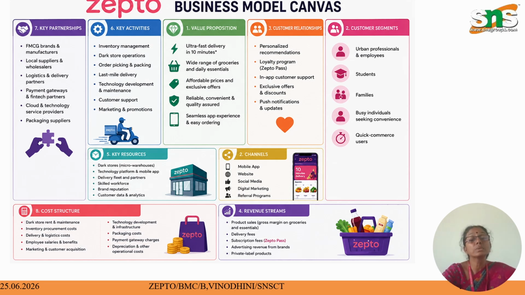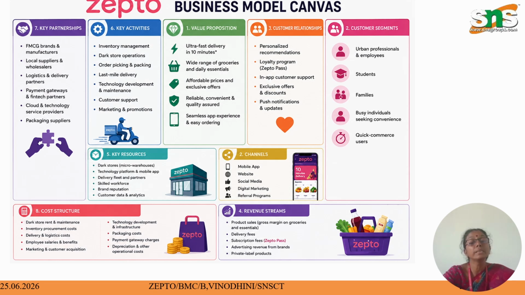The key resources of Zepto are dark stores, technology, delivery partners, and a stable and skilled workforce. These are the key resources because they have to deliver within 10 minutes.